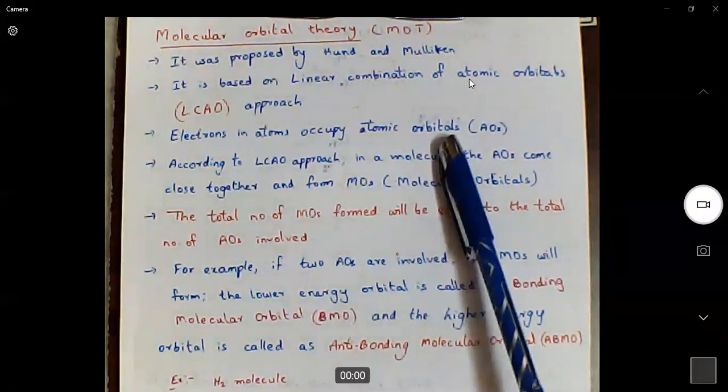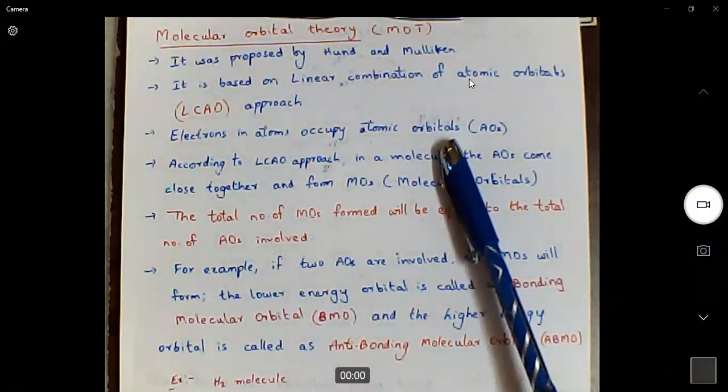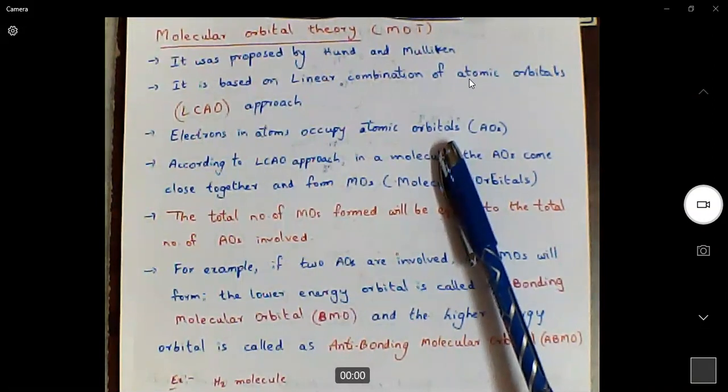So whenever we want to generate a molecule, the atomic orbitals on the individual atoms will come closer. So the two atoms will come closer. When the atoms come closer, their atomic orbitals will approach each other. They will overlap with each other and form molecular orbitals.